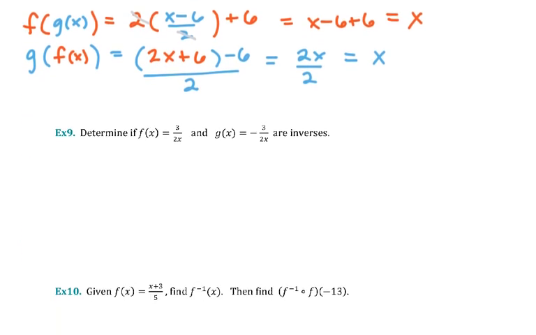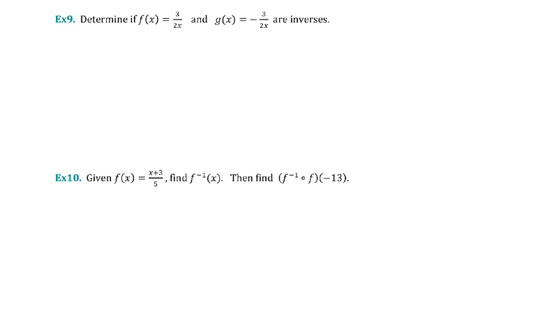So if we move to our next example, again, if we wanted to determine if they were inverses, we would perform that composition in both directions. So f of g gives us 3 over 2, and I'm plugging in for x negative 3 over 2x.